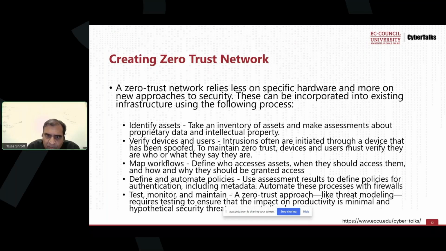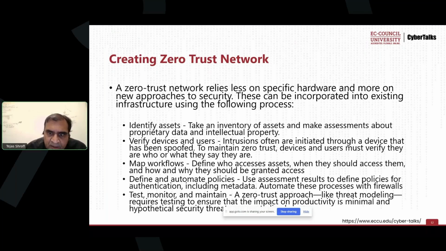You need to define and automate your policies, right? You can use your assessment results to define policies for authentication, including what metadata needs to be covered. Obviously, these processes can be automated with next generation firewalls.